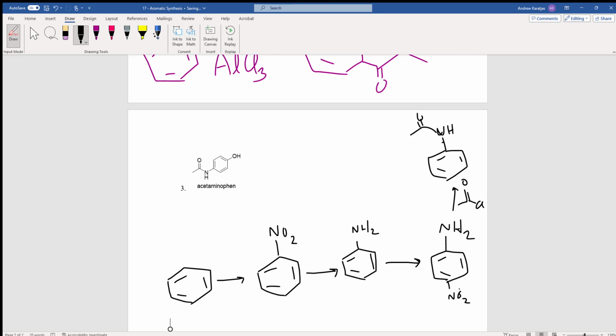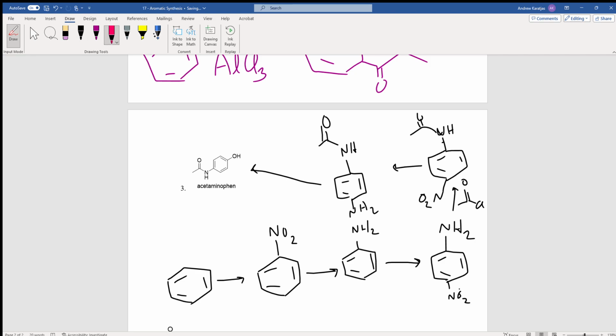And to finish this, we need to go through the sequence of steps that's going to allow us to convert a nitro group first into an amine, then that amine gets converted first into the diazonium salt, and then finally into the alcohol.